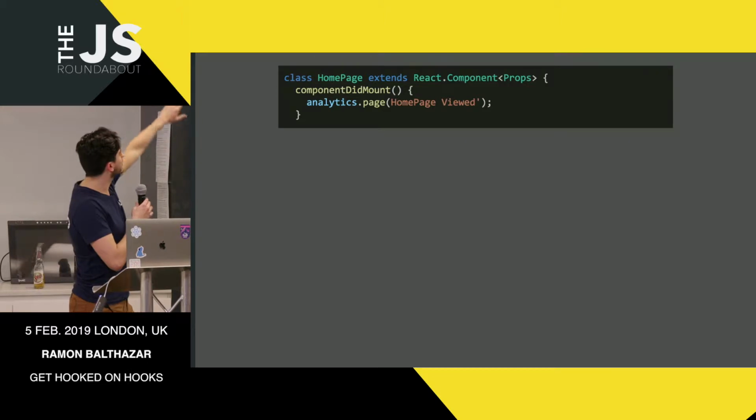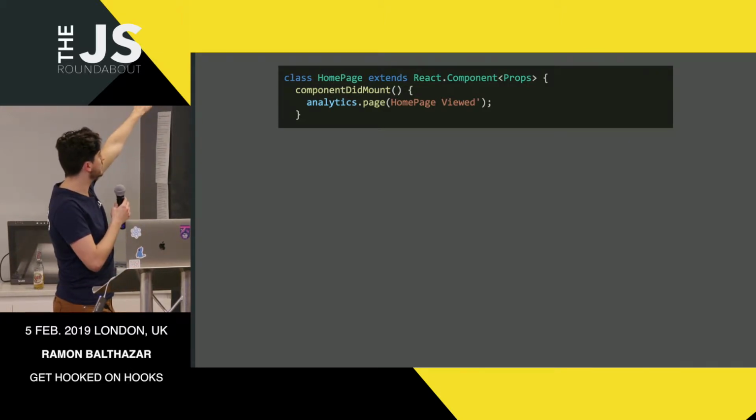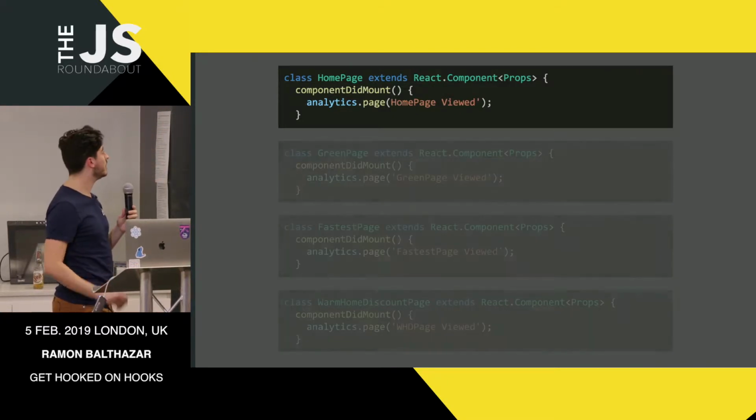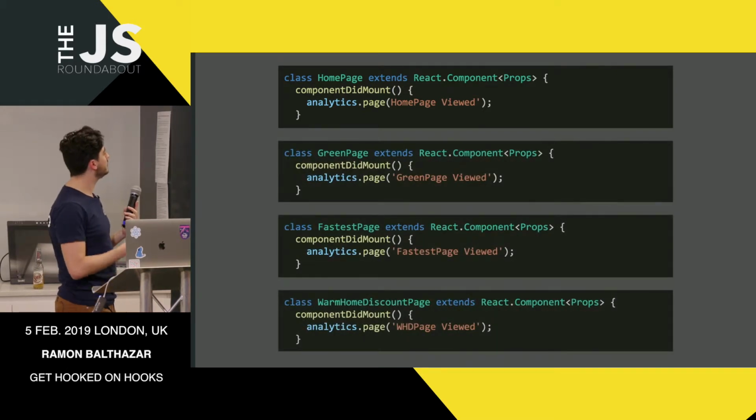So these components are very simple. They didn't need to be a class, except for the analytics. And we got a bunch of them. What if there was a way we could reuse it so we could have function components with those functionalities without having the lifecycle methods?